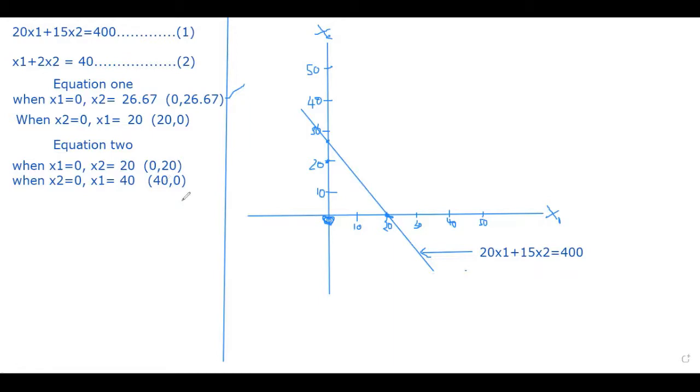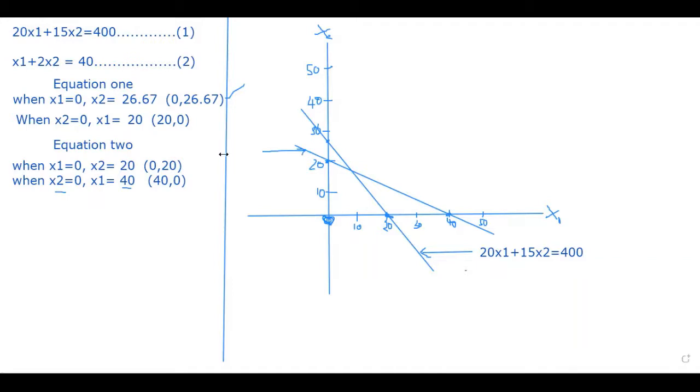Now the second coordinate, when x1 is 40, x2 is 0, so it will be here, on this one. Now you join those 2 points too. All right, so this becomes the second line.